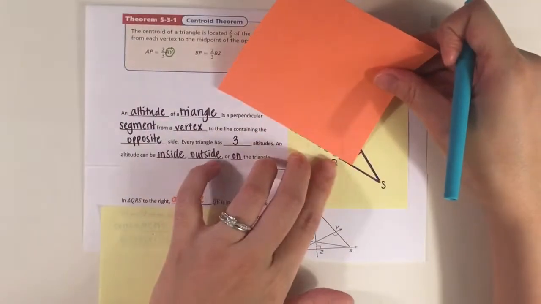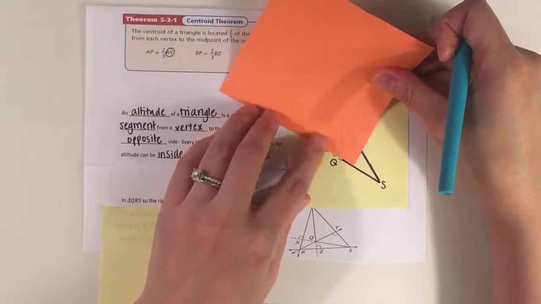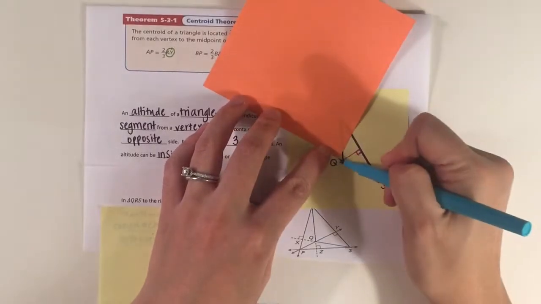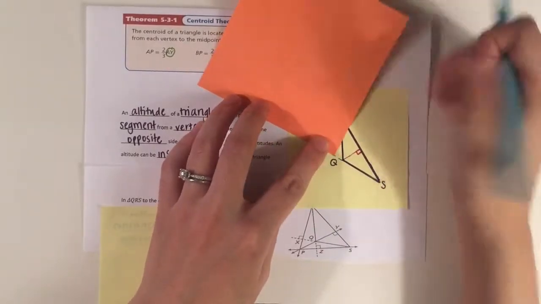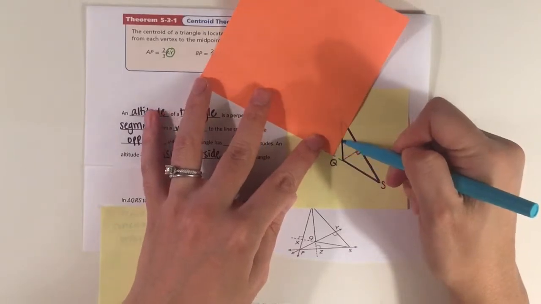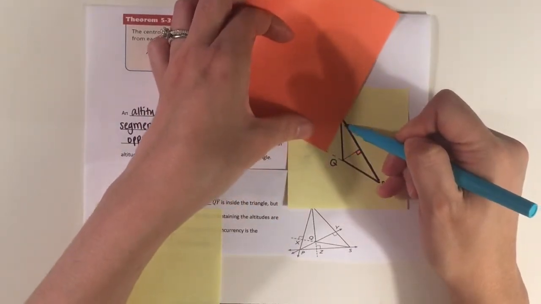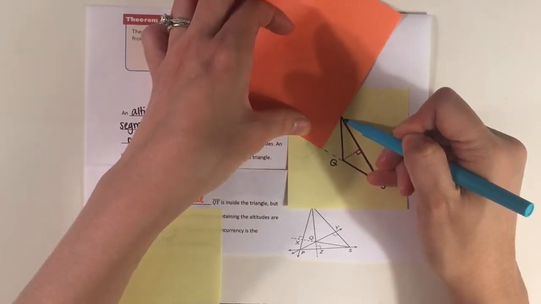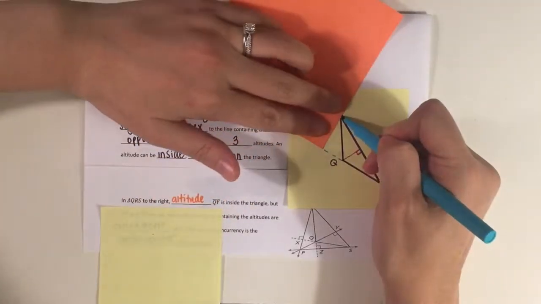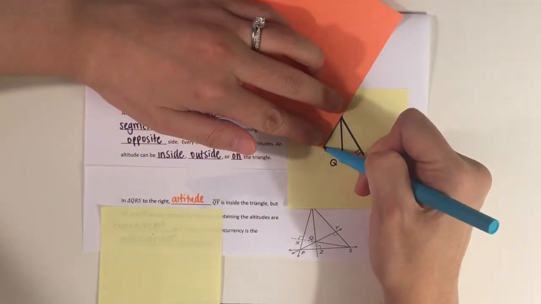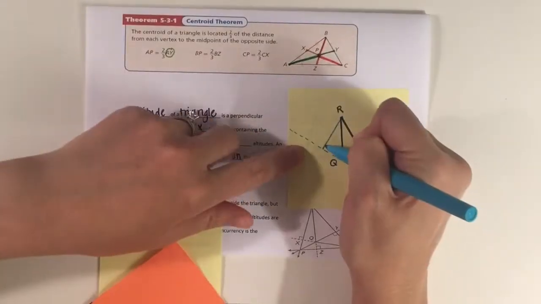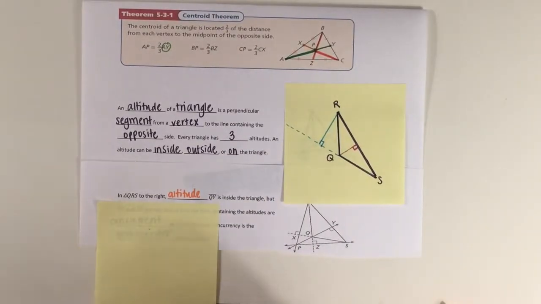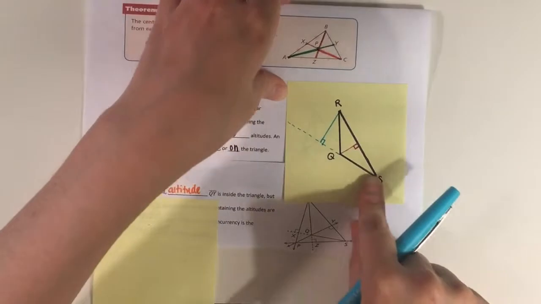Then I can easily say, okay, I get 90 degrees when I'm along this edge QS, 90 degrees, 90 degrees, 90 degrees, keep going, and I want this line that's creating 90 degrees to end up hitting the vertex R. So once you position it correctly where the edge of the paper is touching R, then when I drop it down, it's going to make that 90 degrees. There's my altitude.